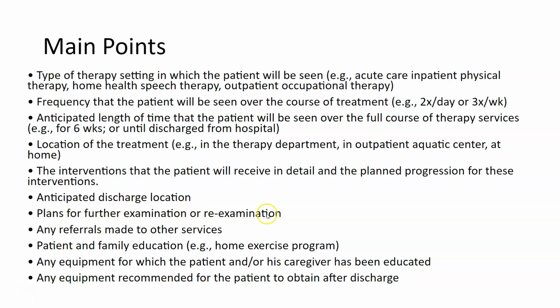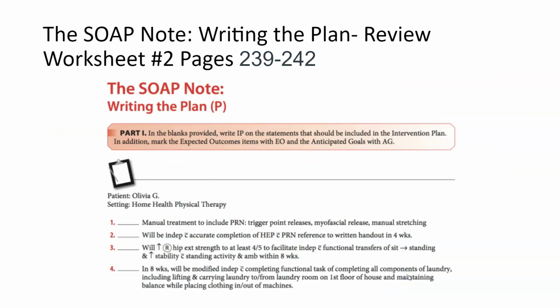Plans for further examination or re-examination, usually very standard, at least monthly or every 6 weeks associated with that. Any other referrals that we may want, like if our plan is to refer them out for orthotics or something like that, maybe for a brace, education, and then equipment that you maybe have given them and been educated for, as well as equipment after discharge.